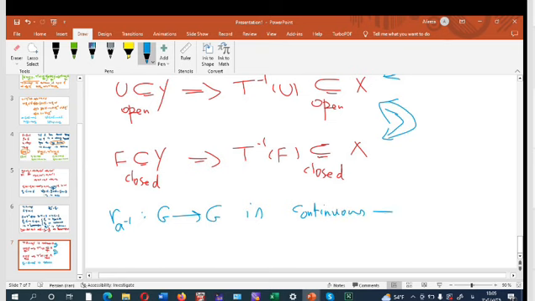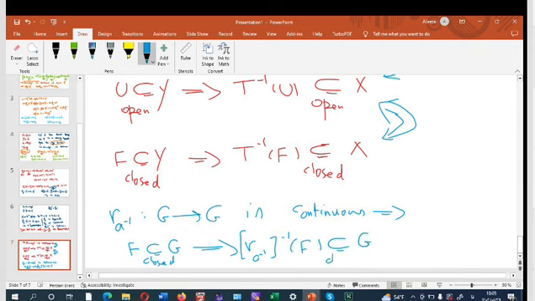So for any closed subset F of G, the inverse image of F under this function must be closed in G again. Closed, okay?